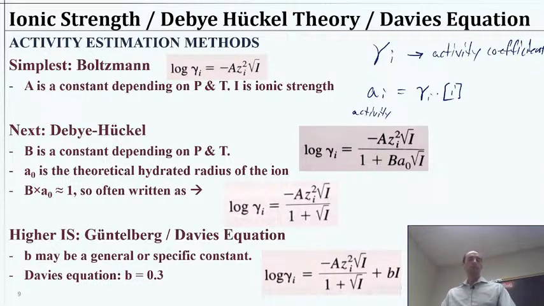Next up, if we need to be a little more complicated, maybe if we need to go into higher ionic strength territory, we use the Debye-Huckel equation, something like that. And this is just adapting it a little bit further. And what you see is it's basically the same, except we're going to divide by 1 plus the square root of ionic strength.